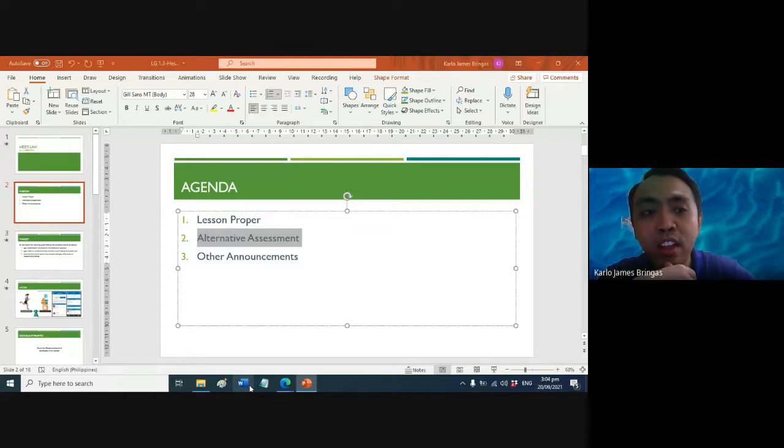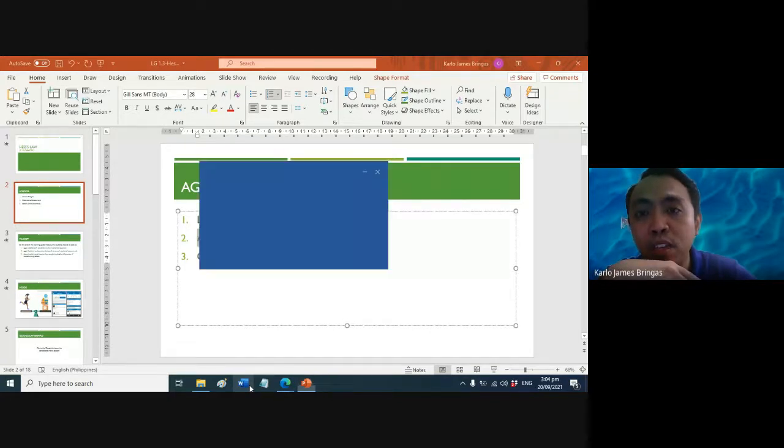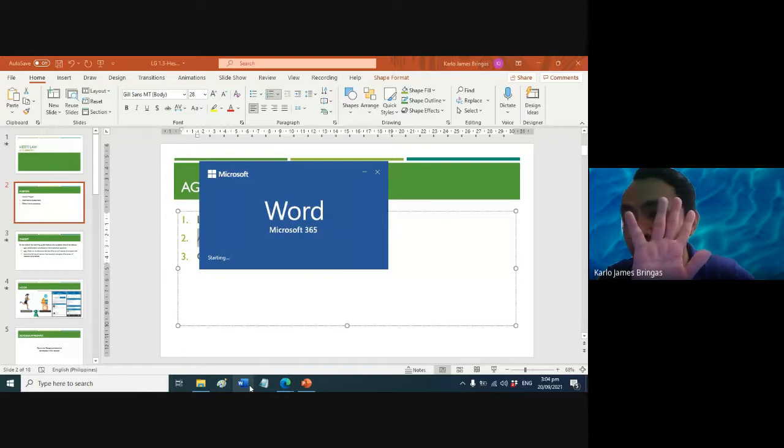So what I'd like you to do, as a bit of an assignment, is group yourselves into 5 people. So 5 people in a group, then just send me the list of your group mates sa ating GC. So that we now have our grouping.